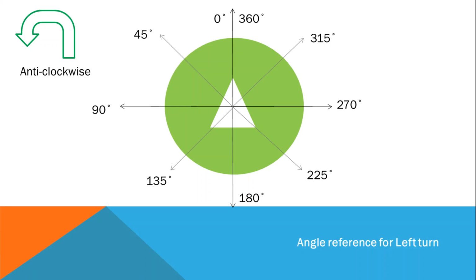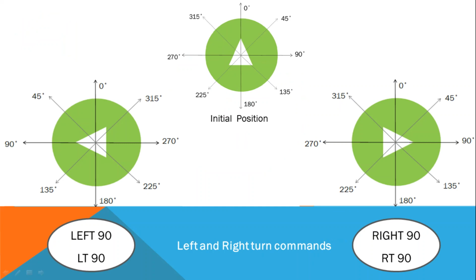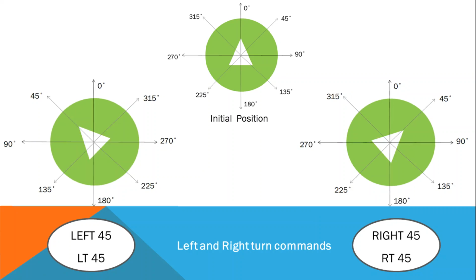This is the first example showing left and right turn of turtle with 90 degrees. Here we can observe that turtle is moving in clockwise direction by 90 degrees for right 90 command, and for left 90 command it is moving by 90 degrees in anti-clockwise direction. This is the second example for left and right turn.